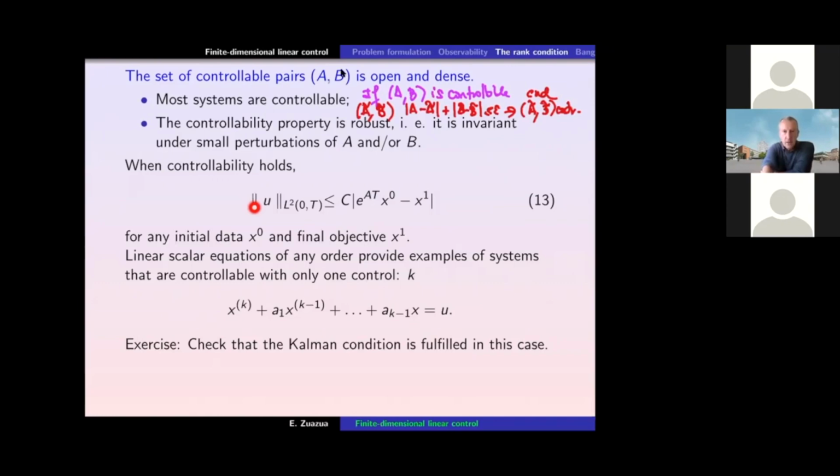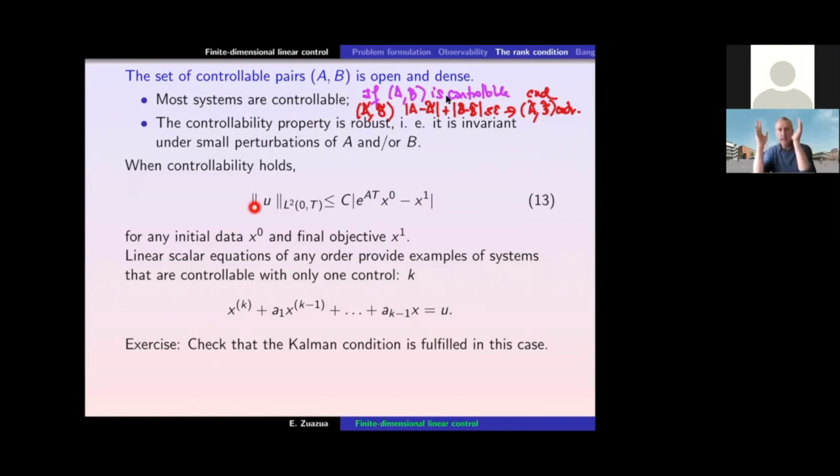Do you have any hint of why, if A, B is controllable, small perturbations of the control system will lead to a controllable system as well? This is what it means to be open. It means that small perturbations preserve the property. Why is that true? Rank is continuous. That's a very good point, Matt.